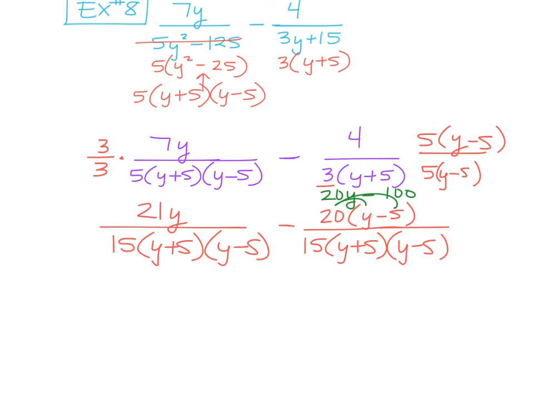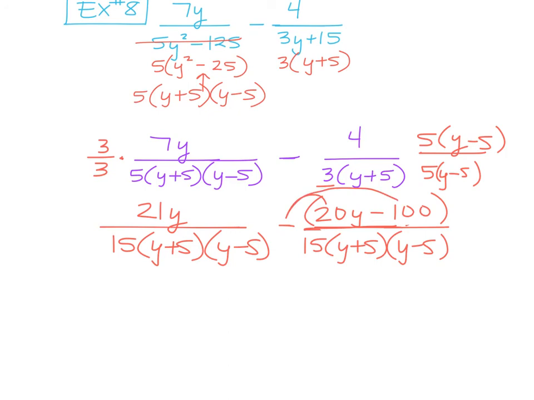Do you mind if I just erase the red one there and write in the 20y minus 100 so I don't have to write the whole thing again? Is that okay? Okay. So we're going to take this out and put in 20y minus 100. Now what? How do you simplify that? Right, that minus sign has to go to both of these.